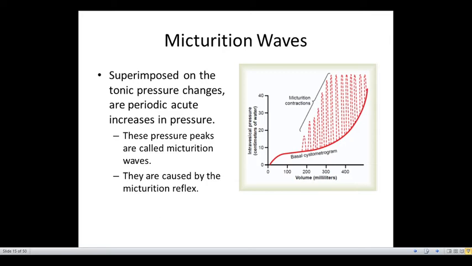Now, superimposed on the tonic pressure changes are periodic acute increases in pressure shown by the dashed spikes. These pressure peaks are called micturition waves.